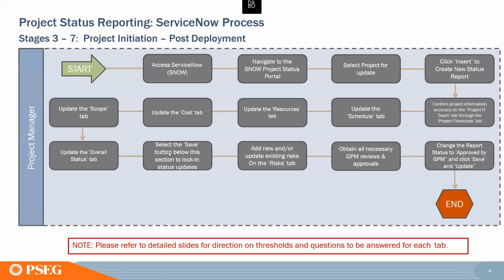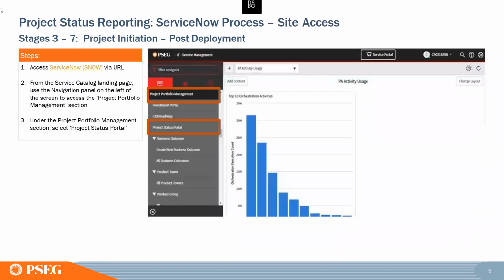You'll update the overall status and then save it. And then you're going to look at adding any risk that need to be added to ServiceNow. Once you've done all of that, you'll obtain the necessary approvals from your GPM and click approved by GPM and then save it. So that's at a very high level.